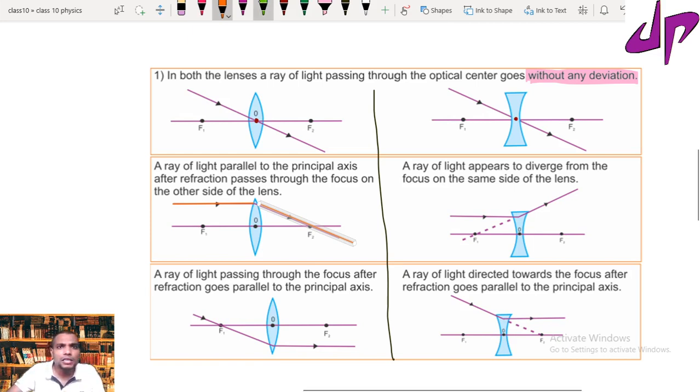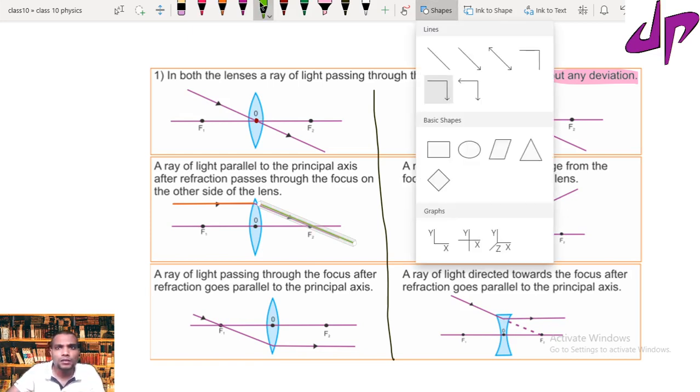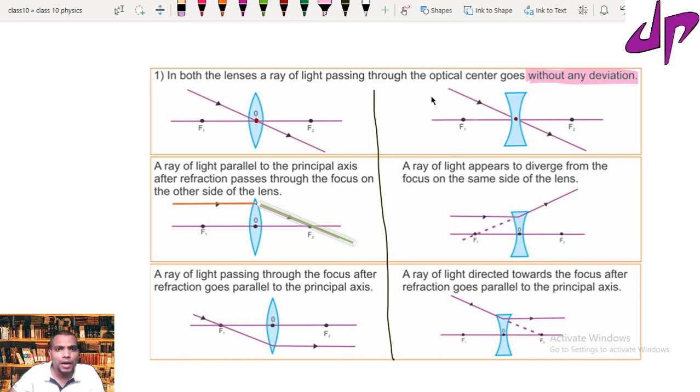Now you can see the third rule. The third rule: a light ray which is passing through the focus. Now a light ray which is passing through the focus, after refraction it is parallel to the principal axis.